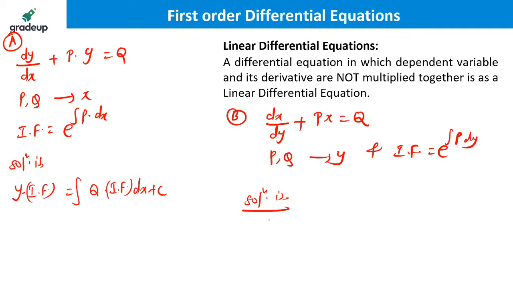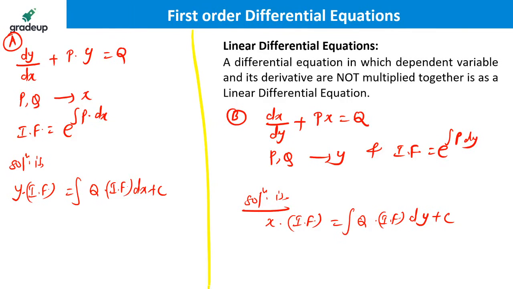Here the solution will be dependent variable into integrating factor equals integration of q into IF dy plus c. So these are the solution formats that you have to remember. You can take the screenshot also.